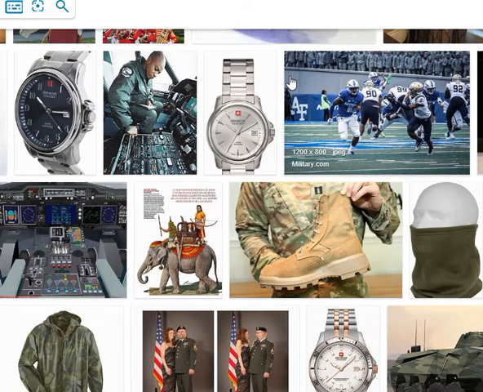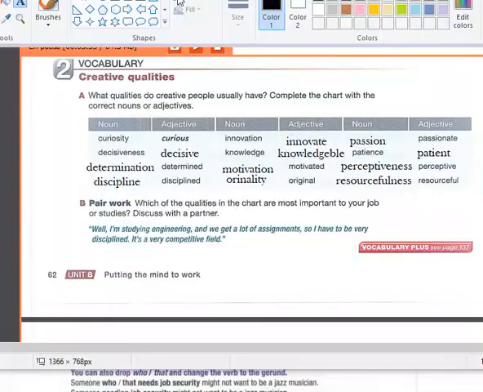What other professions have discipline? We can say firefighters, police officers in the army, some teachers too. They have to be very disciplined. And you too.